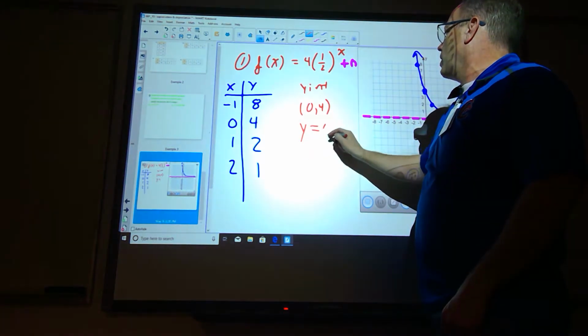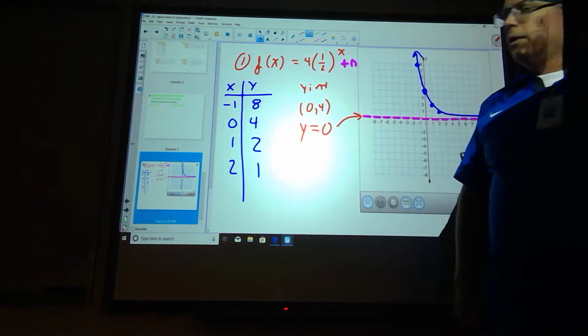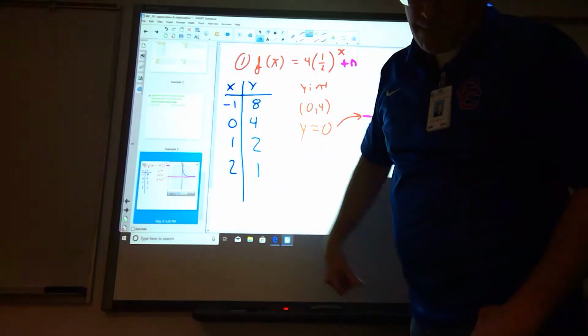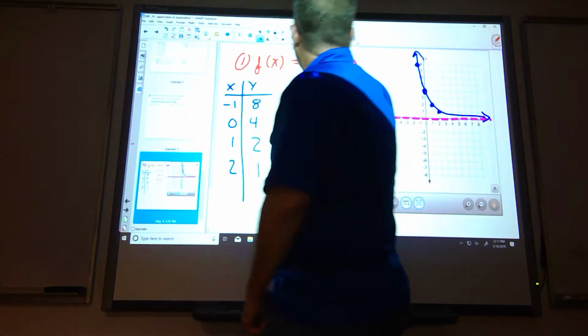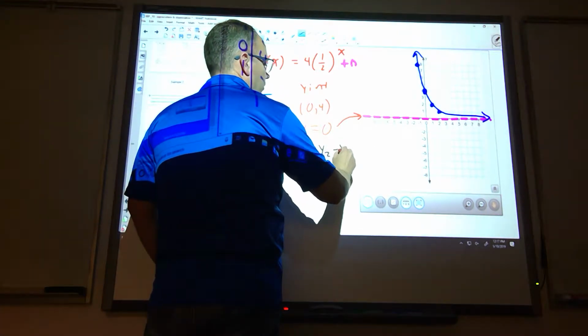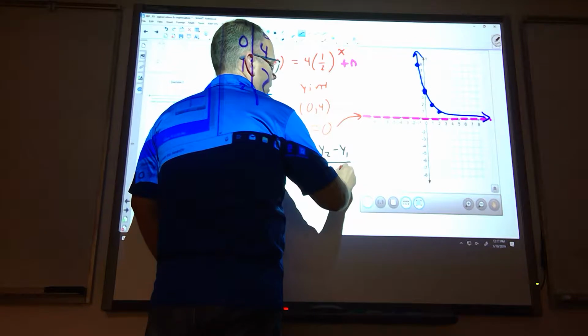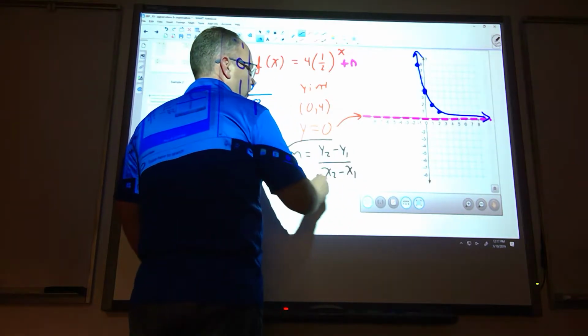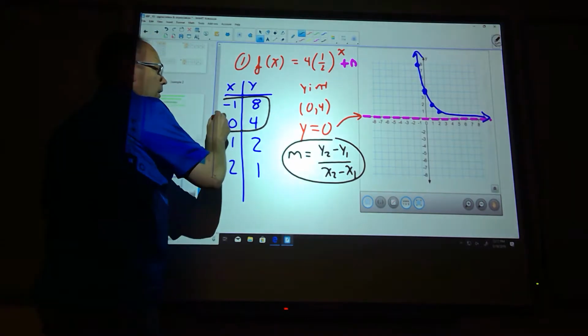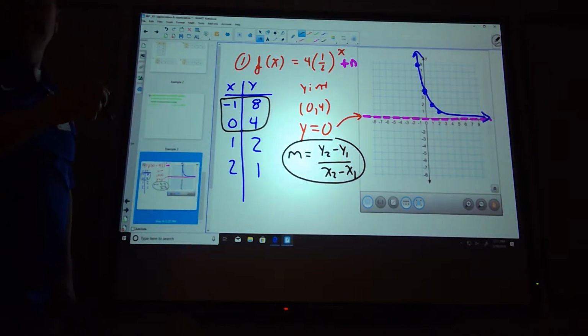Y equals 0 is that. If there was a number out there, it'd be whatever that number is. And then remember, with rate of change, we have to do the slope equation. Remember this equation? Okay. So let's take care of these two first.